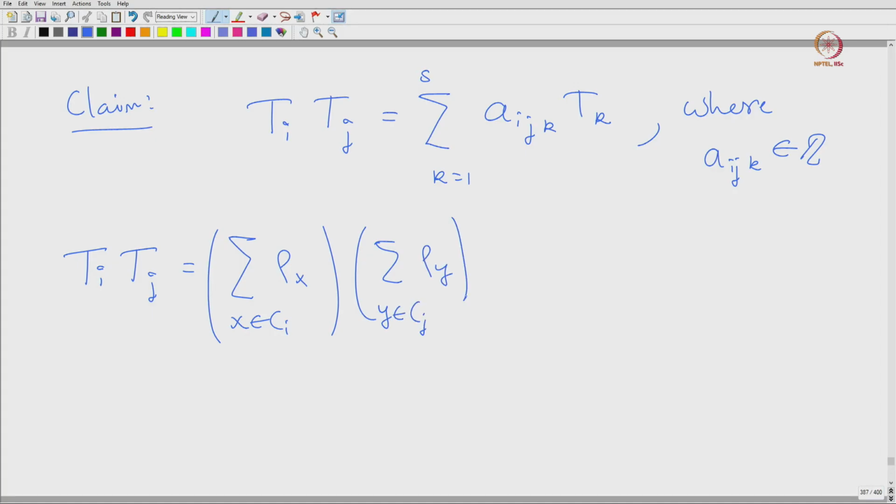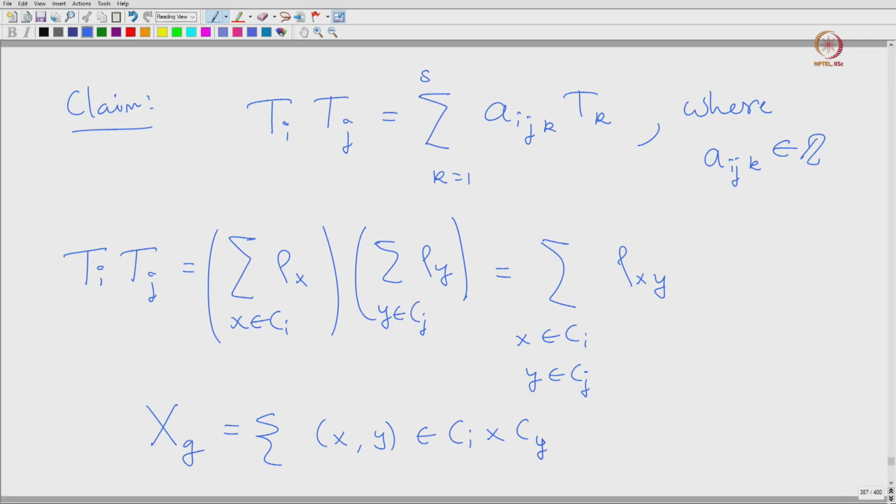Now if you just multiply and expand, you get exactly summation of rho of x y, x in Ci and y in Cj. Now what we can do is look at this capital X g, which is those tuples x y, where x is coming from Ci and y is coming from Cj, such that x y equals g.